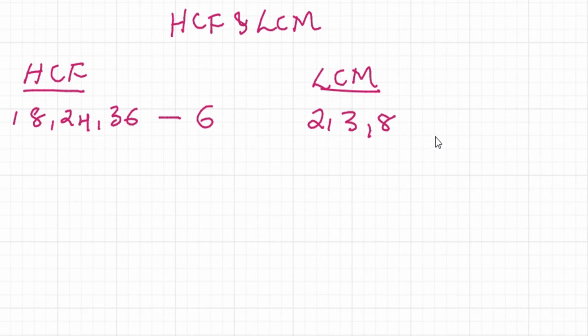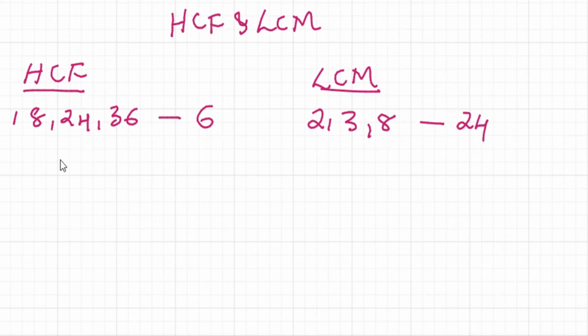The LCM of these three numbers is 24, which means that 24 is the least number which is exactly divisible by each of the given numbers. Clear? So 24 is the least number which is exactly divisible by each of the numbers. 24 is divisible by 2, 3 and 8.